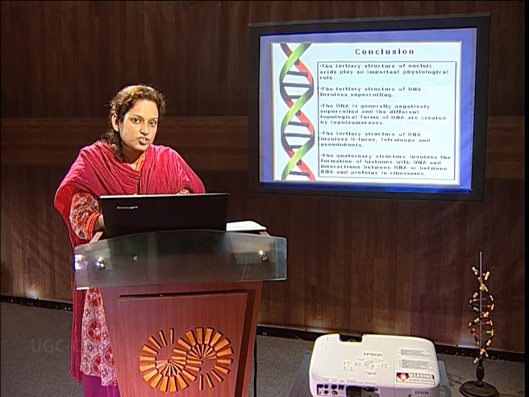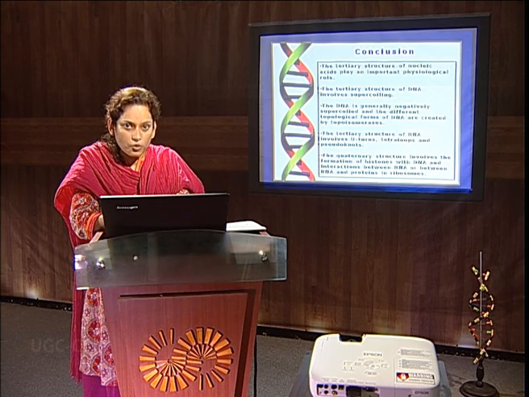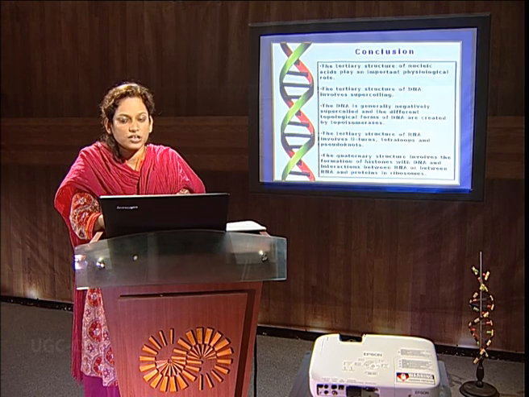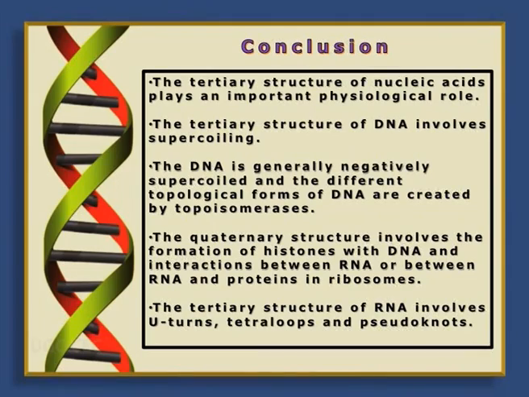The tertiary structure of tRNA is very important and its formation is required for the efficient functioning of tRNA. The quaternary structure of RNA involves the interaction between the rRNA subunits as well as between the different RNAs and proteins, and thus it helps to perform the function better.